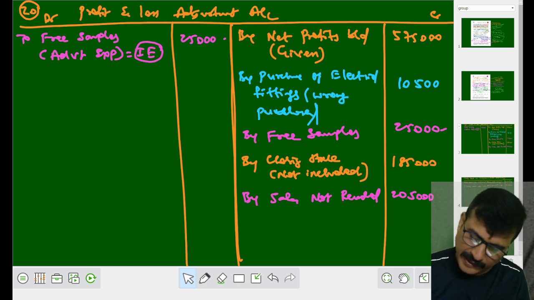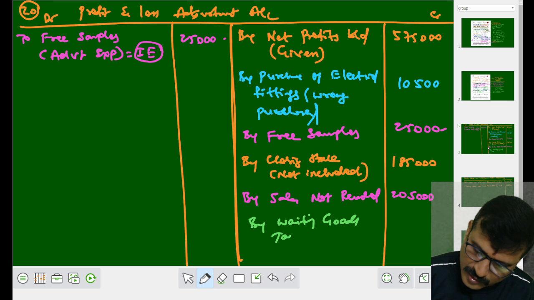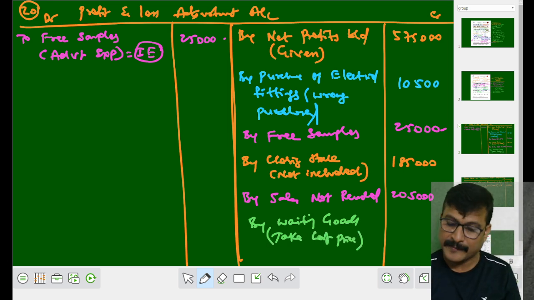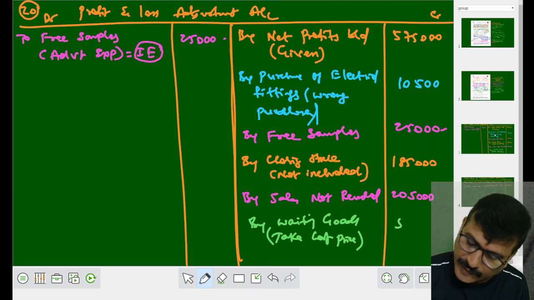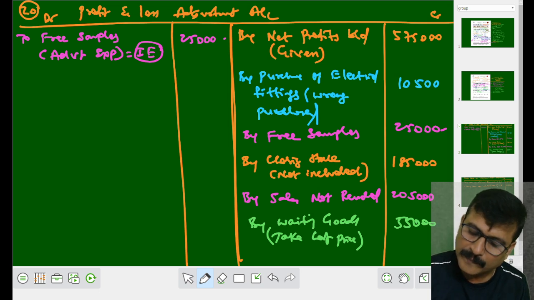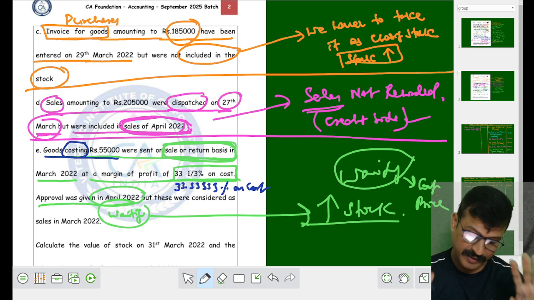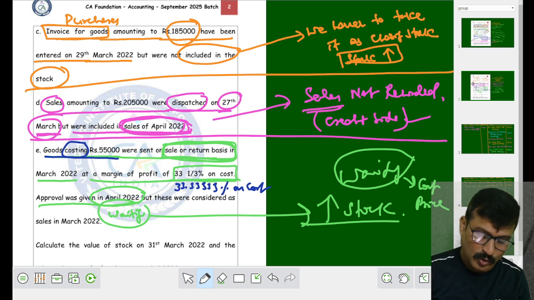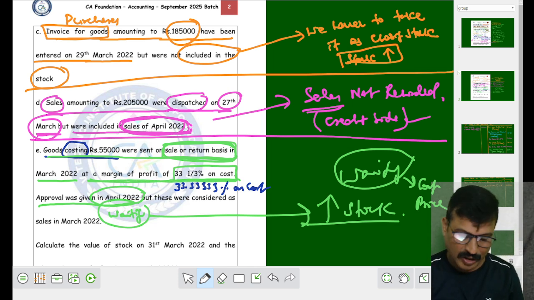सो लिखिए ना, किधर? बाय वेटिंग गुड्स, टेक व्हाट प्राइस? वी हैव टू टेक कॉस्ट प्राइस. कितना है वो कॉस्ट प्राइस? कॉस्ट प्राइस इज 55,000 है. वो लिखना 55,000 आपने. हुआ? फिनिश हुआ? वेट. वेटिंग, सी हियर, गुड्स कॉस्टिंग 55,000 सेंट ऑन सेल और अप्रूवल बेसिस at a margin of 33 1/3% on cost.